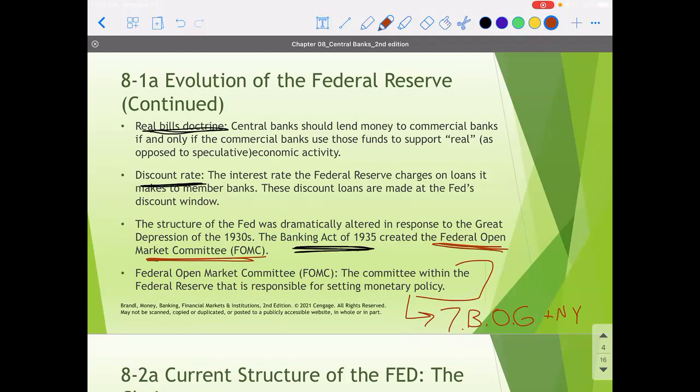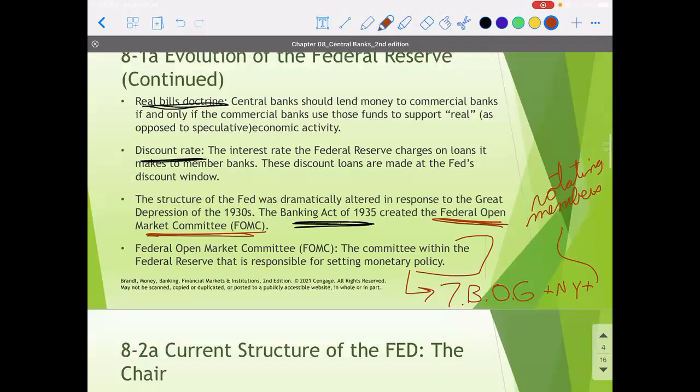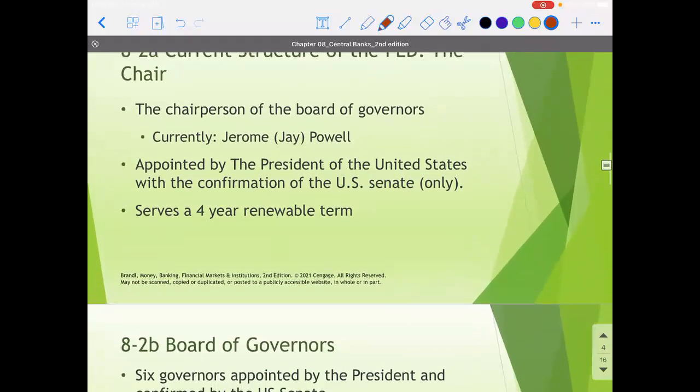The New York branch is always there, because that's where the equity market and the bond market, obviously Wall Street, is in that district. So it needs to always be on the FOMC, and then it has rotating members of the other regions.